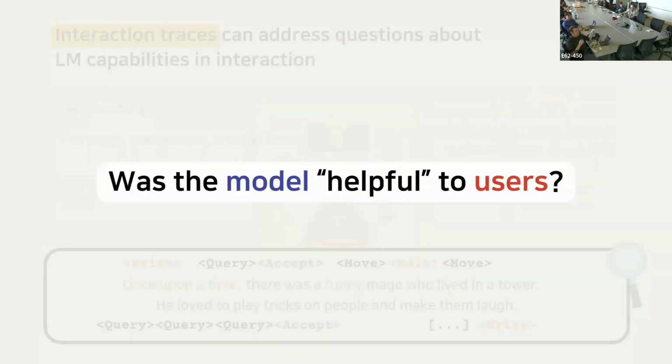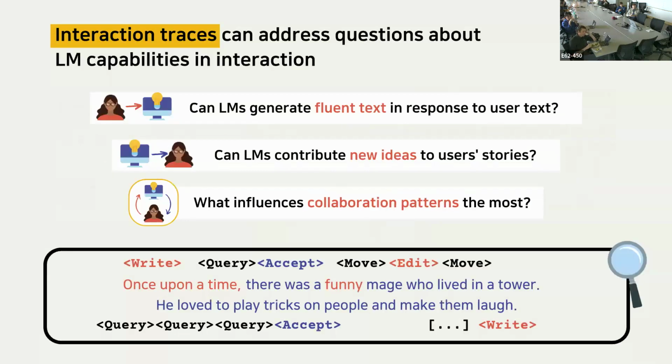With those interaction traces, we're going to ask whether the model was helpful to users, which was a bit difficult to do with just the model outputs. But helpful is such a broad and vague term that's hard to define. So we're going to look at it in three different ways. First, we're going to reason about language models' language capability in this interactive setting.